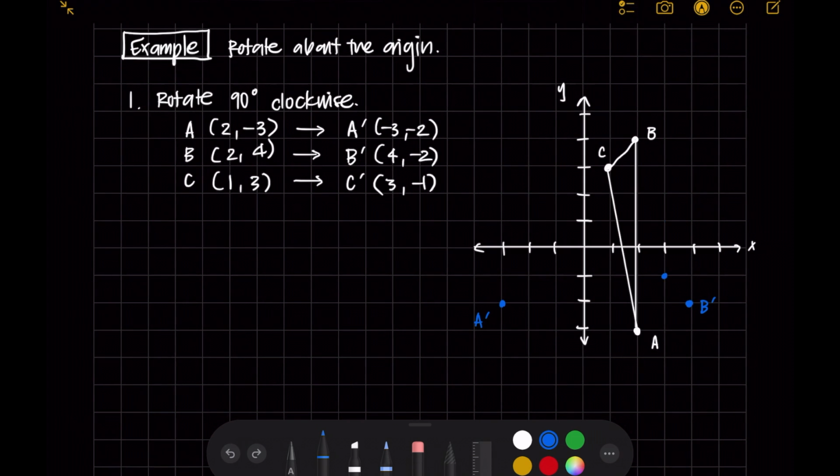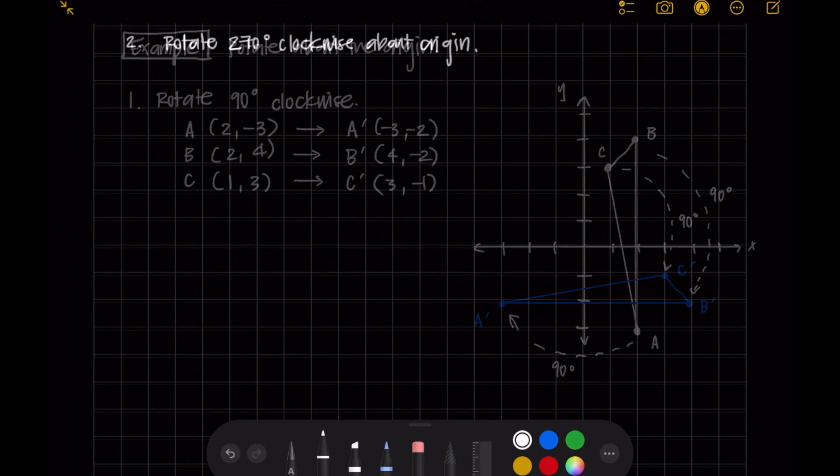For a second there, I thought it looked kind of funny. And so you see, from here to here is a 90-degree clockwise rotation. From here to here is also a 90-degree clockwise rotation. And from here to here is also a 90-degree clockwise rotation. And that's how you do this problem.